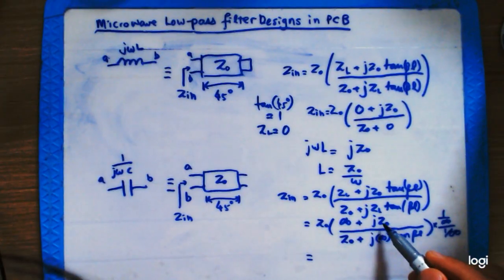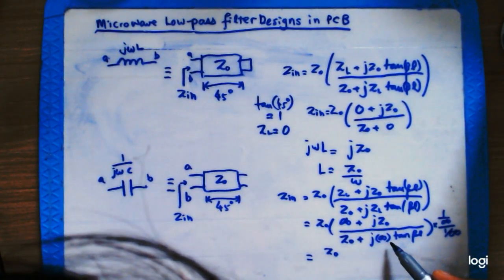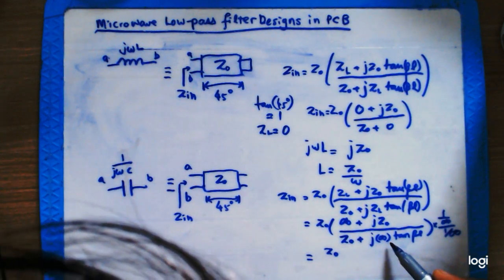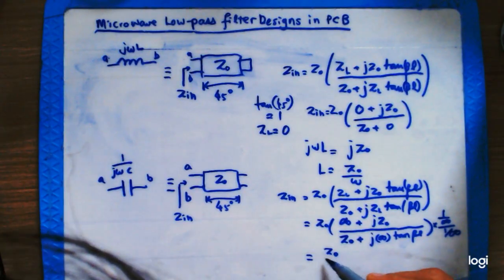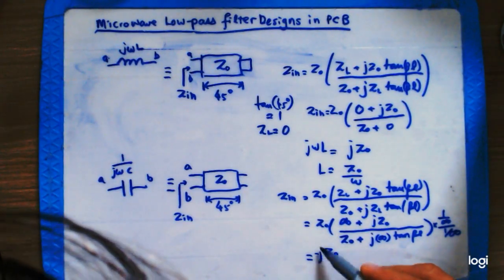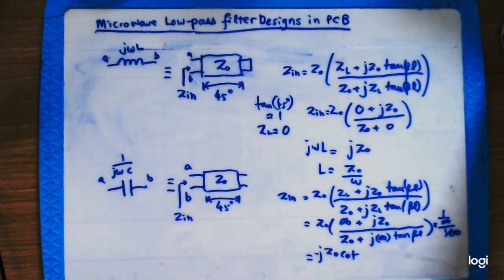So this one will be 0, and this one here will be equal to minus j cotangent, minus j is 0, is it right?